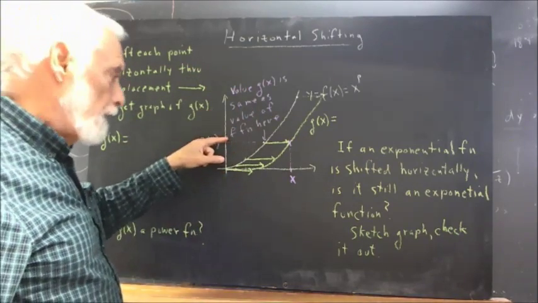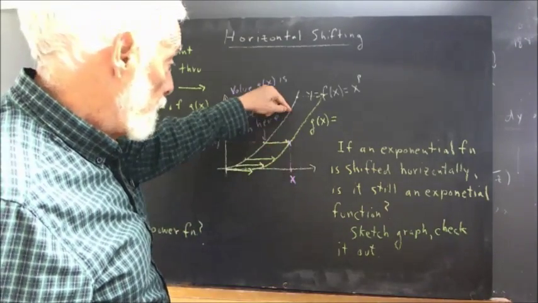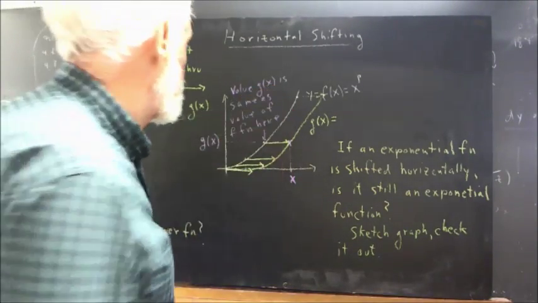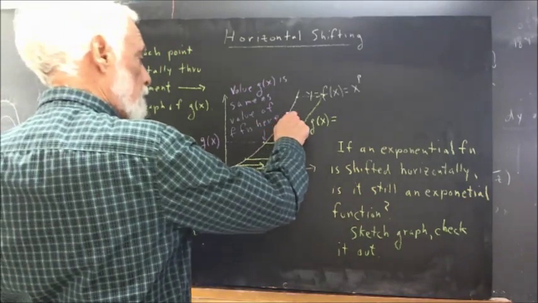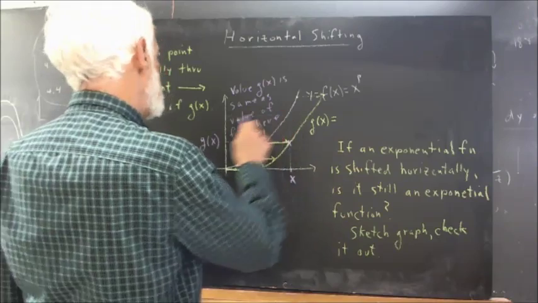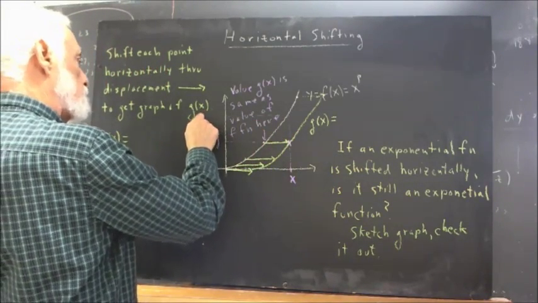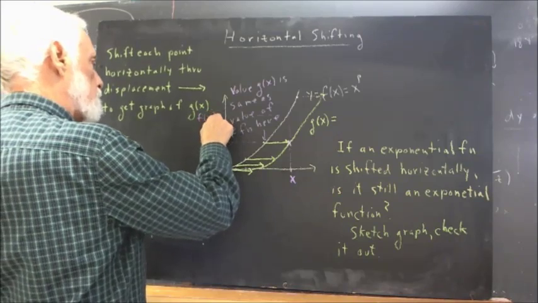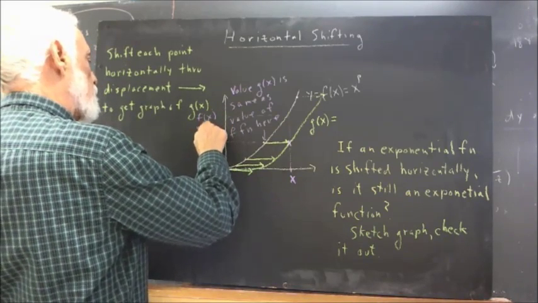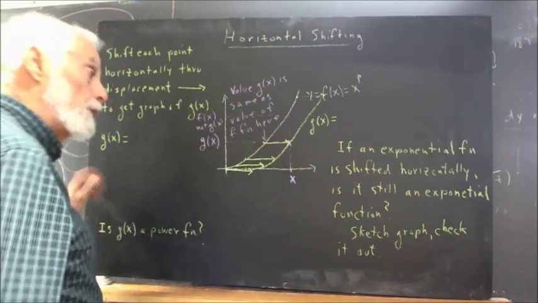Now that's not f of x. X is this right now. So f of x is up here. So I could say that, of course, here is f of x. That's f of x, it's not g of x, and it has nothing to do with g of x.